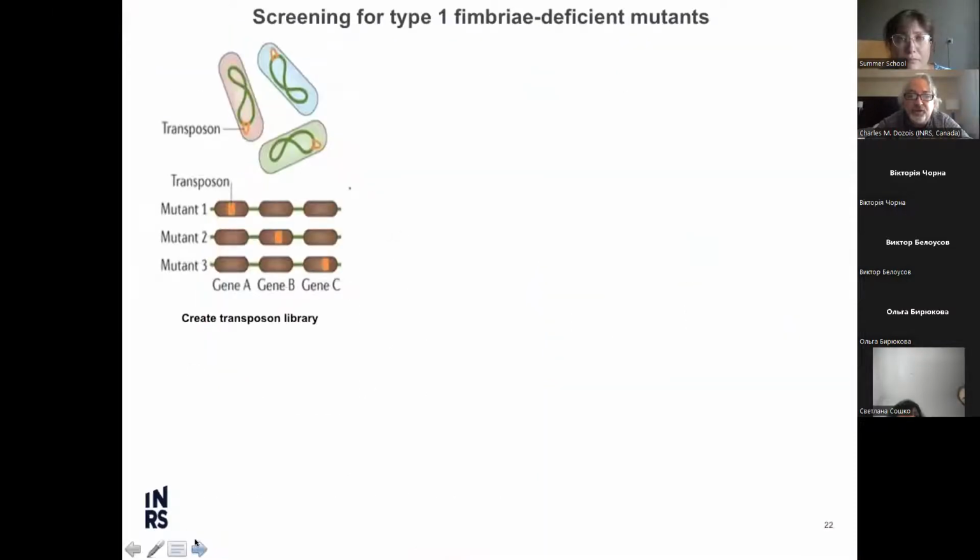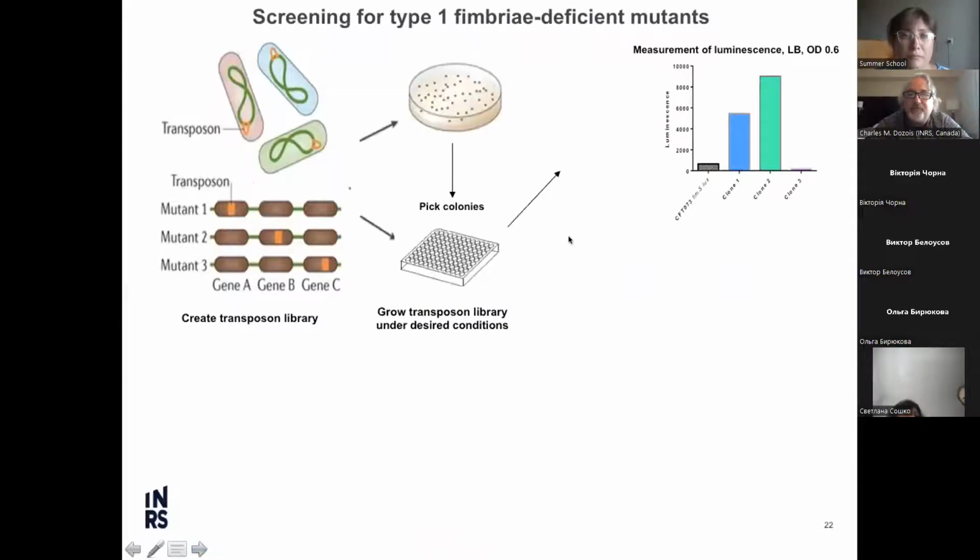So this is just a classic transposon bank approach where we've had the fusion already in the bacterium before we do random insertion mutagenesis with here a mini Tn5 system. And so from that, we could get clones where we saw, compared to the wild type strain, a higher or lower level of expression of the switch.